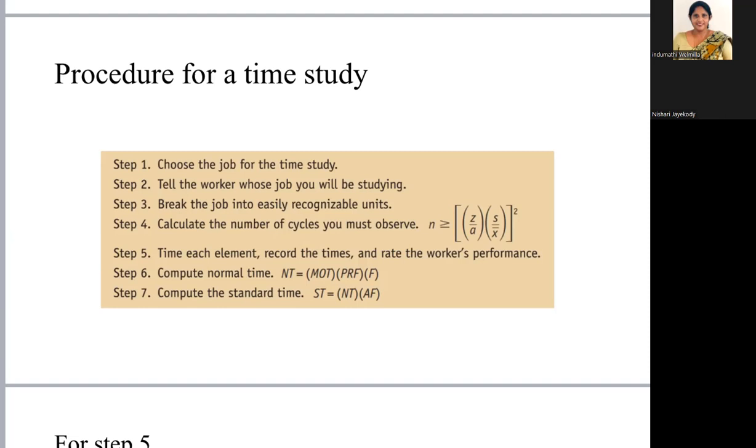One is the performance rating factor. You have to know what the performance rating factor is, otherwise you can't do the fifth step. That means you can't record the time and you can't rate the worker's performance without knowing this. Therefore, first I will explain this one.